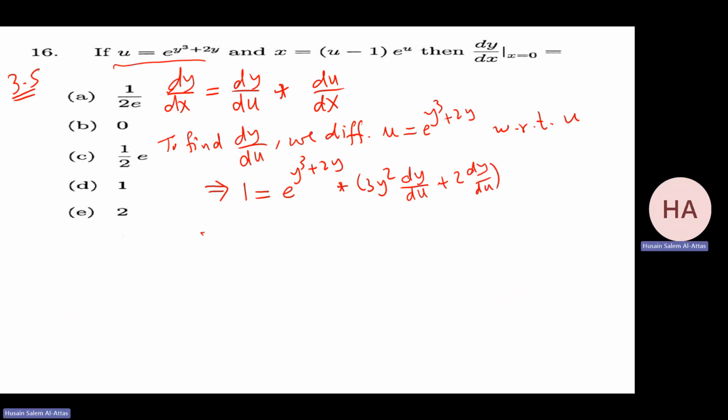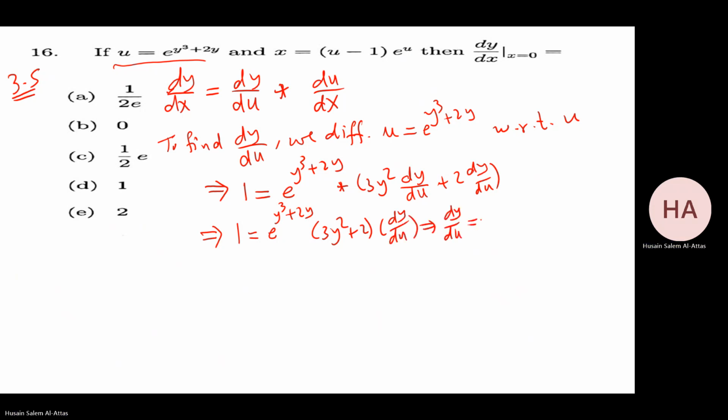So that implies 1 equal y cubed plus 2y times 3y squared plus 2 times dy by du. So dy by du will be equal to 1 over all of this: y cubed plus 2y, 3y squared plus 2.